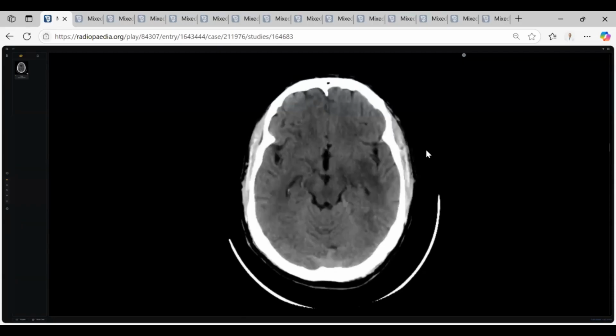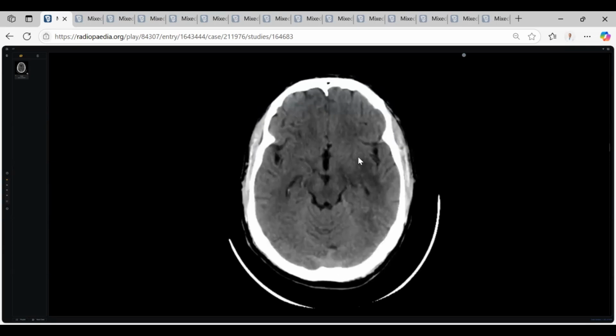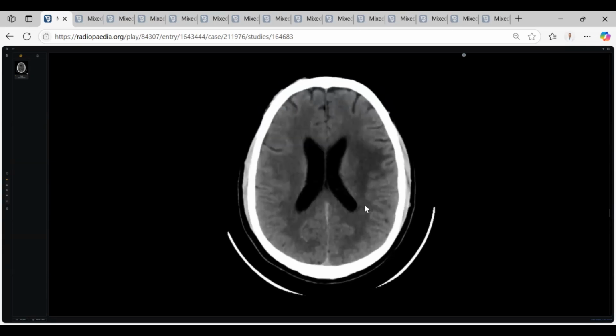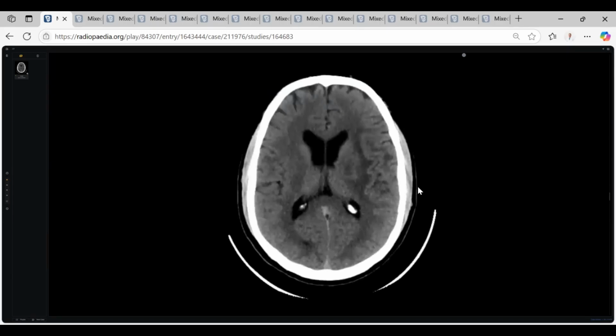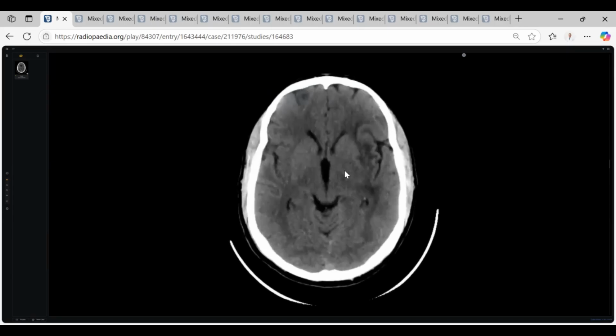It also extends to the posterior aspect of the left frontal lobe, extending down slightly. Look inside this hypodensity.